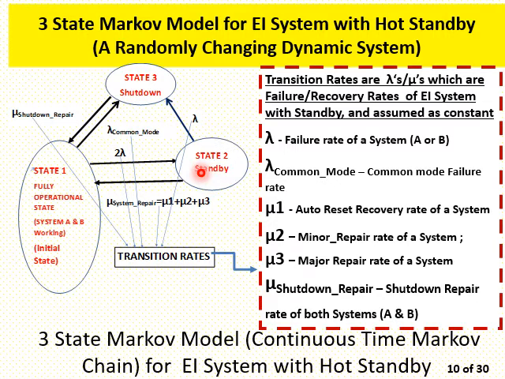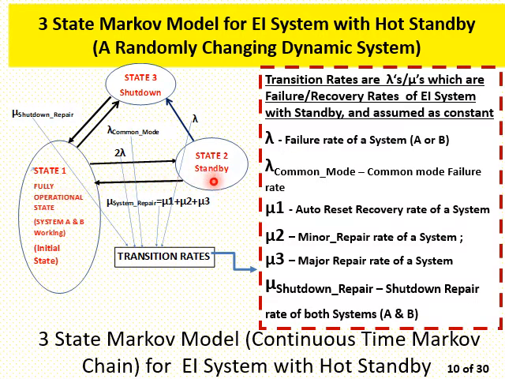The ESM will come to the site and repair the failed system A by replacing the faulty card, say, and then the system is restored. Once the system is restored after the minor repair, it moves from state 2 to state 1 through mu2.